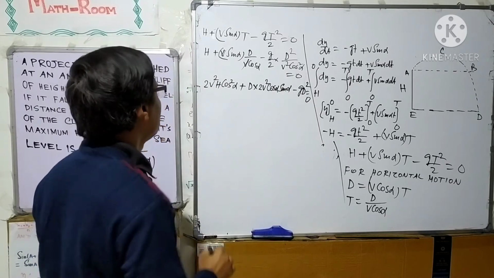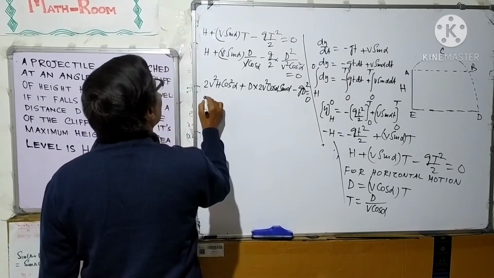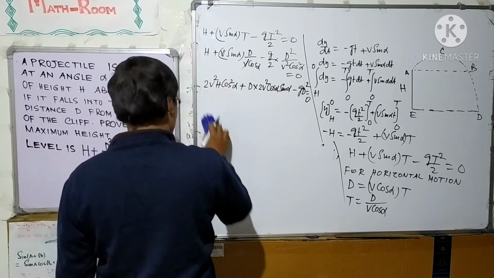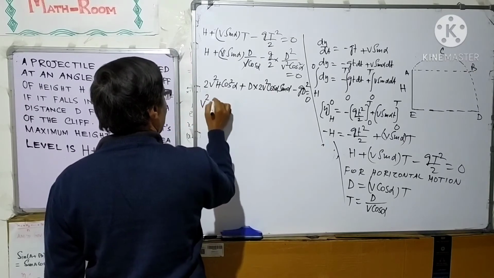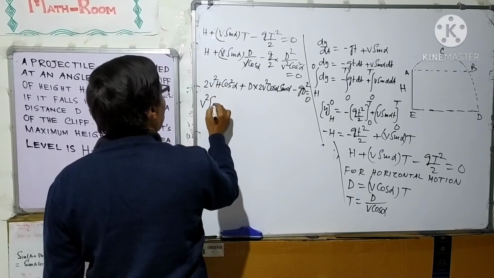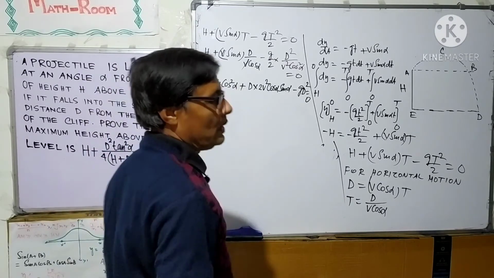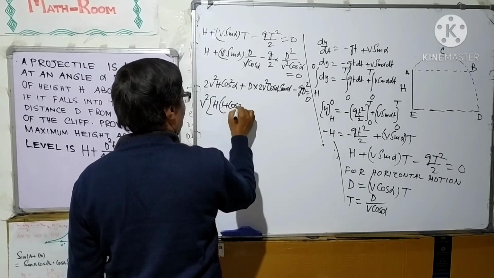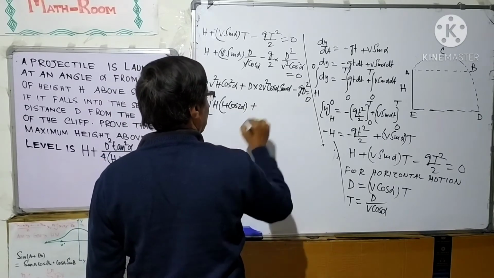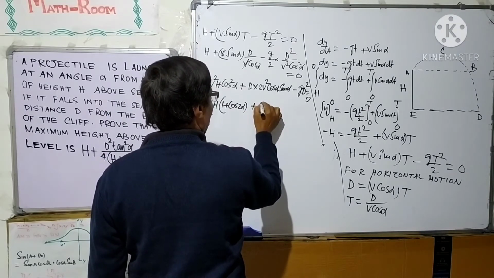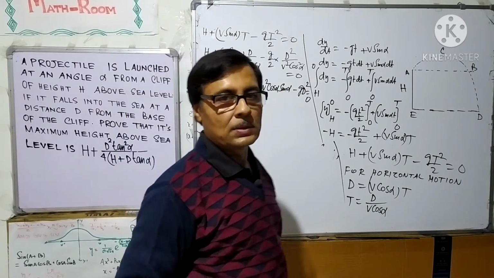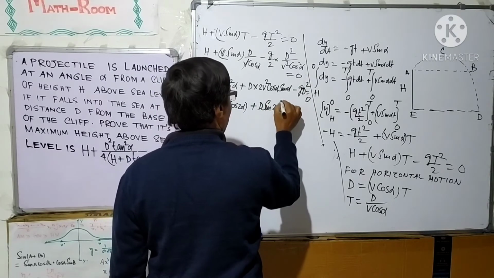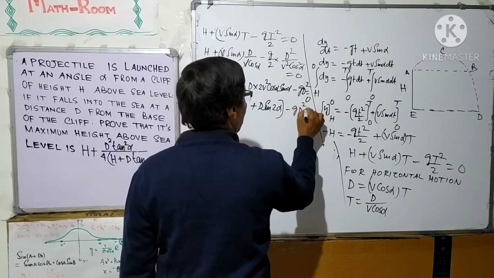So this is v square into H times 2 cos square alpha, which is 1 plus cos 2 alpha, plus D into 2 sin alpha cos alpha, which is sin 2 alpha, D sin 2 alpha, minus g D square equals 0.